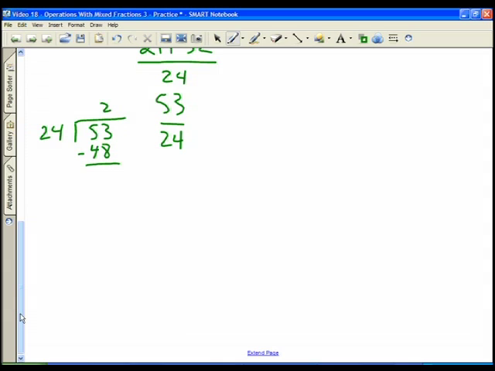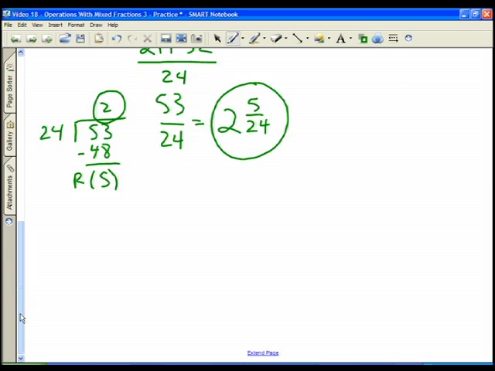And then 53 minus 48 is 5. So we get a remainder of 5. And so 53 over 24 is the same as 2 wholes plus 5 over our original denominator, which was 24. So the answer to the second practice problem is 2 and 5 24ths.